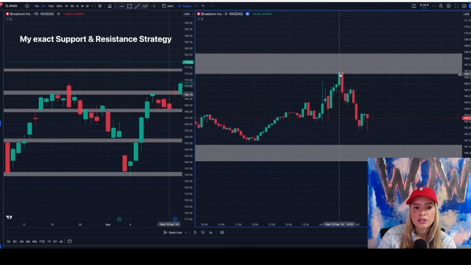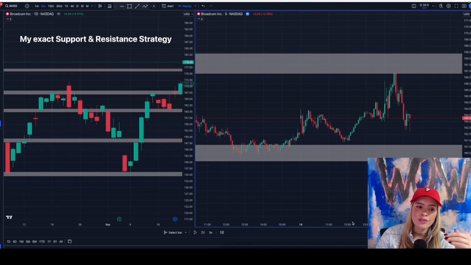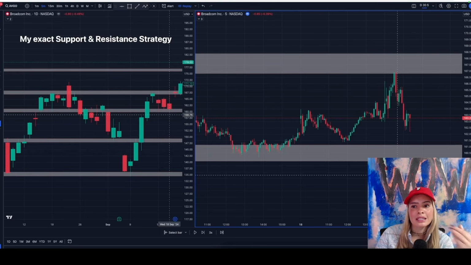So the way that I trade is I put my levels on the daily time frame. I use those levels on the 5-minute time frame to enter a trade, and then my PT is my next big level, because remember the market moves level by level, so my exit is at my next resistance on the daily time frame.